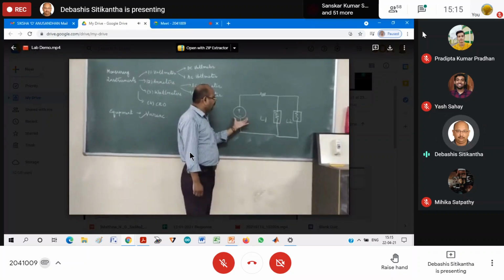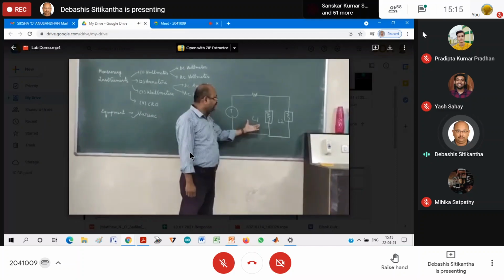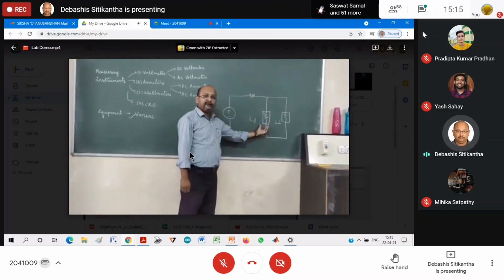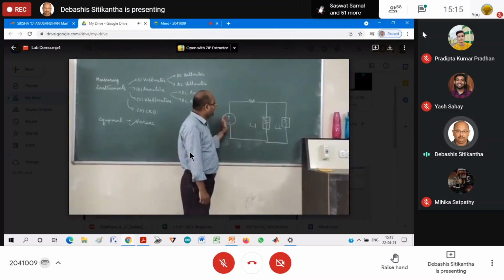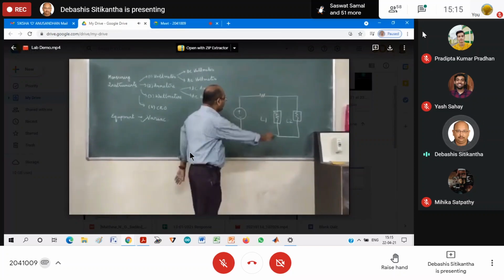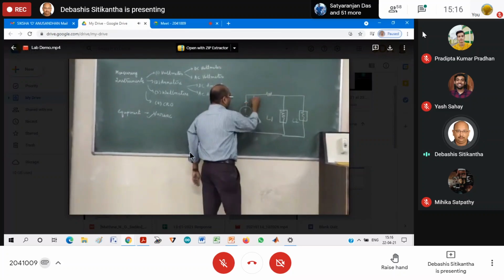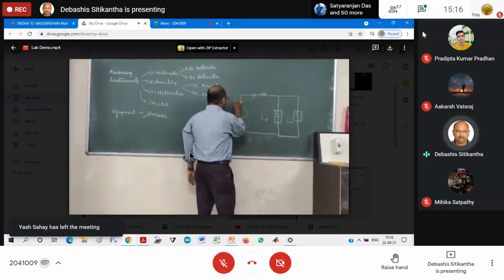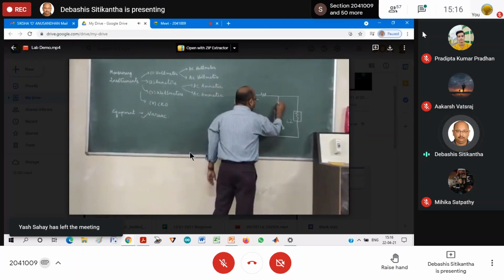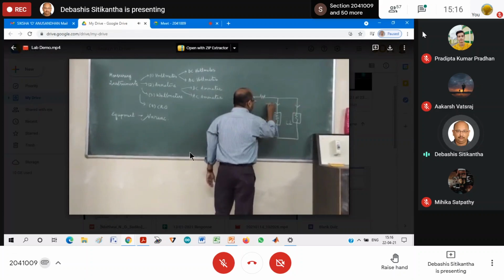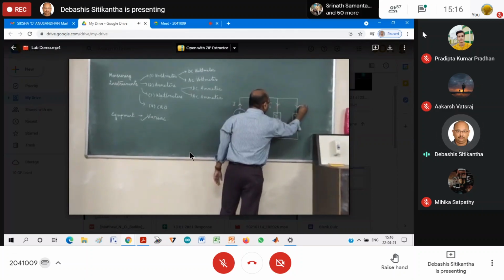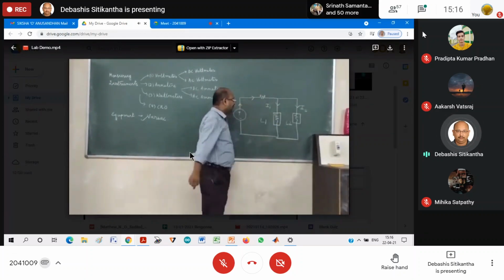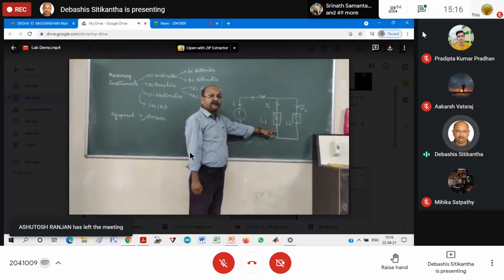Suppose this is the current I, and over here I have two parallel paths, so this current will be split into two paths. The current that is going to flow through this node L1 is equal to I1.